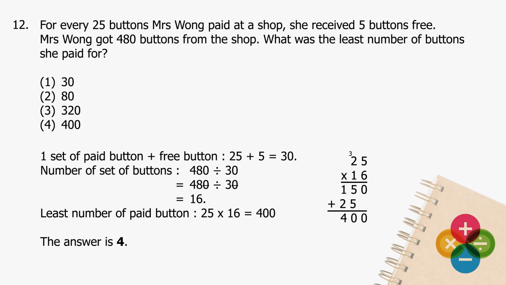One set of paid button and free button will be add 25 to 5, and the sum is 30. The number of set of buttons will be divide 480 by 30, and the quotient is 16. The least number of paid button will be multiply 25 by 16, and the product is 400. The answer is 4.